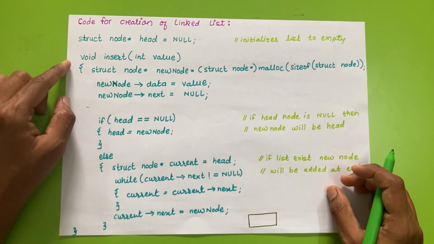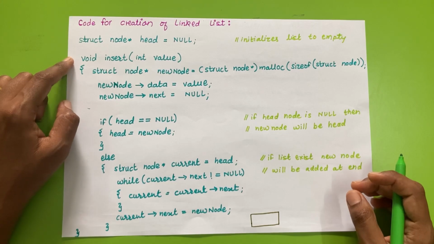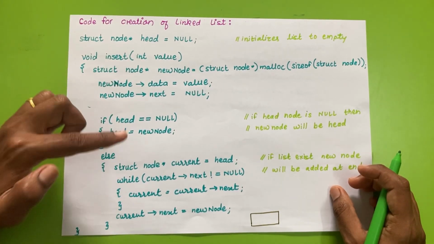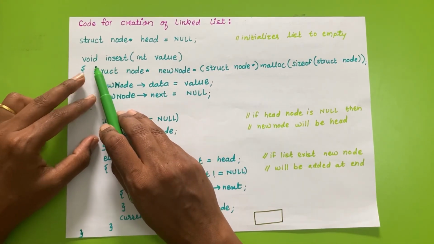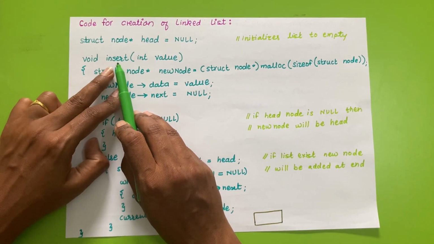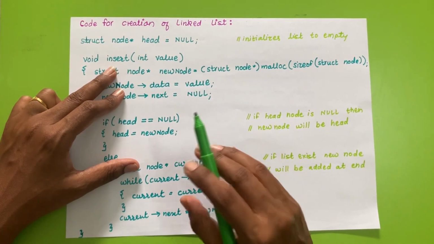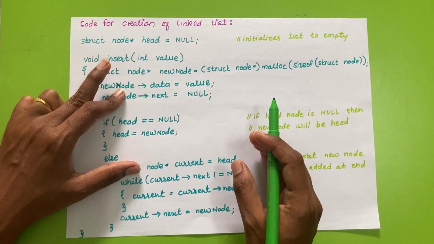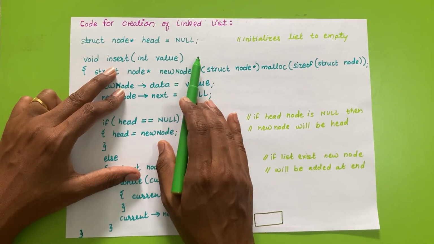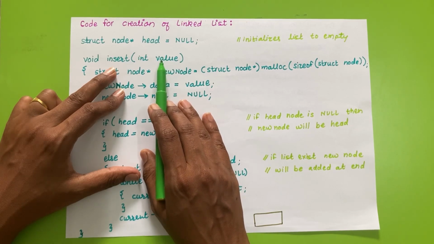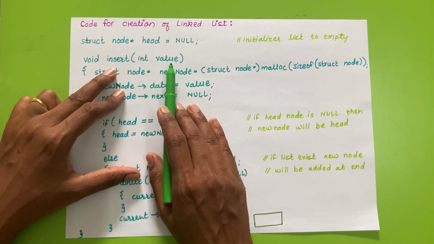Suppose we want to have 5 nodes in a linked list, then this insert function will be called 5 times. In insert, we have a parameter, value, that will be passed at the time of the call of the function insert in the main function, and that parameter will take the value and assign it to the variable value.